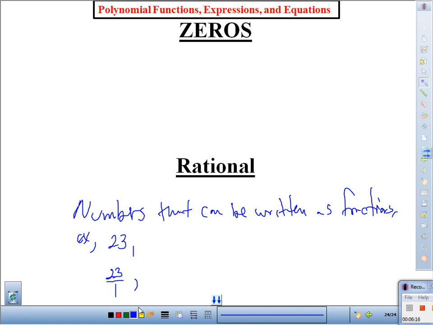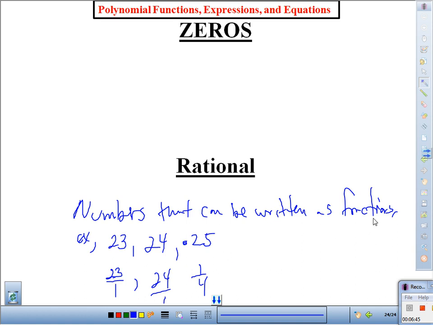How about Danica? 24. Yes, 24 over 1. How about 0.25? Trying to narrow the fraction form of that one. 1/4, and so on and so forth. Yes? Yeah? Okay. All right.